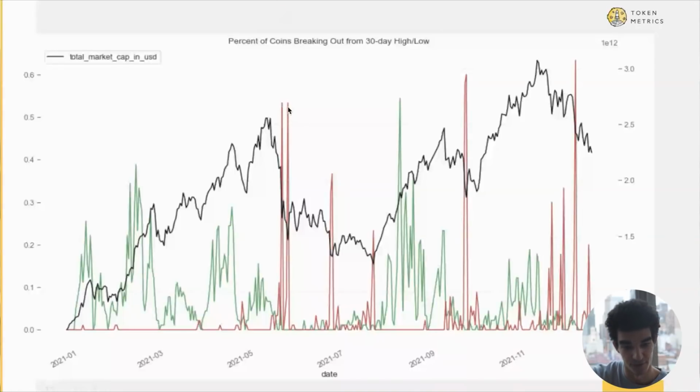Here we had over 50% of our coins breaking their support. So that's a very strong bearish signal. Similarly here, and very recently here, we start having an increase in coins that are breaking below, and that is preparing us to say momentum is going this way.